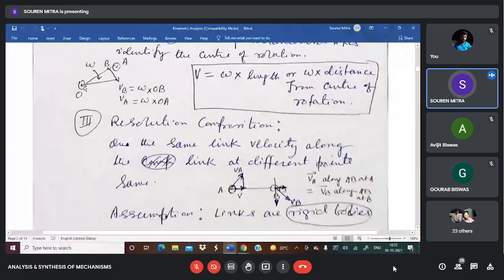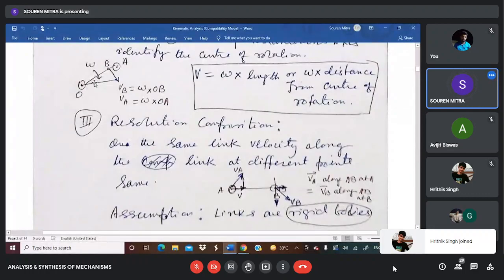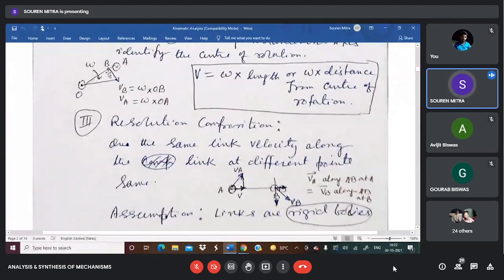It will be perpendicular to the line joining these two points, and distance into omega. So as distance increases, the velocity will increase, and so on. So it depends where the center of rotation is. Okay, similarly, that's why the perpendicular components will be different, but the axial components will be the same. Otherwise, they don't remain a rigid body. So if the speed here and the speed here are different, that means the points are moving with respect to each other, and there is some compression or extension.